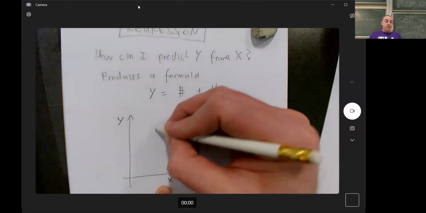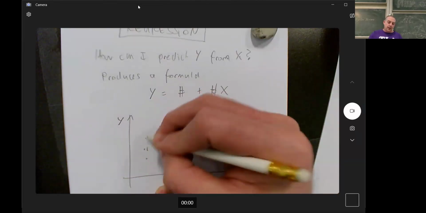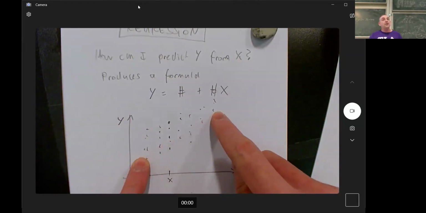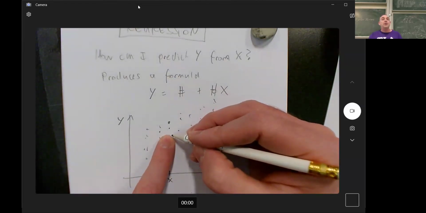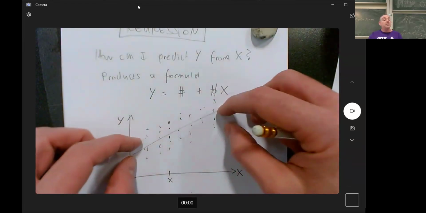There'll be all these different y's that go with every x. And it may be that in general, yes, the y is higher as the x gets higher, but it's not like you can predict exactly what the y is for every given x. And so there's this randomness involved.